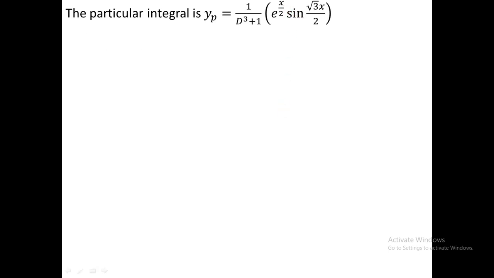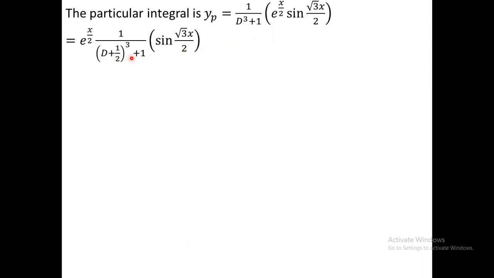Now you see that this is of the form exponential function into some other function. So you have to take e to the power x by 2 in front, just replacing D by D plus alpha, that is we have to put D plus half in the place of D. Therefore this will be e to the x by 2 times 1 by (D plus half) whole cube plus 1, and this remains unchanged.